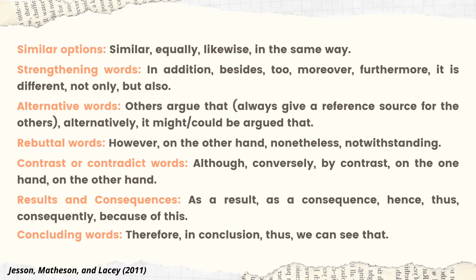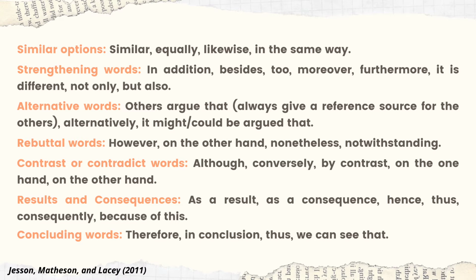For contrast or contradict words, you can use although, conversely, by contrast, on the one hand, and on the other hand. For results and consequences, you can use as a result, as a consequence, hence, thus, consequently, and because of this. And lastly, for concluding words, you can use therefore, in conclusion, thus, and we can see that.